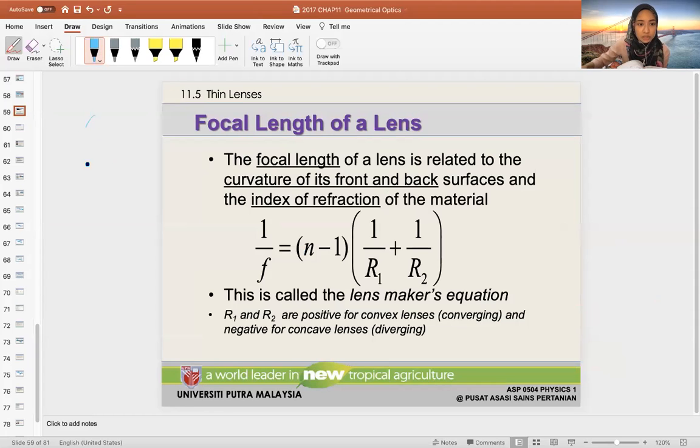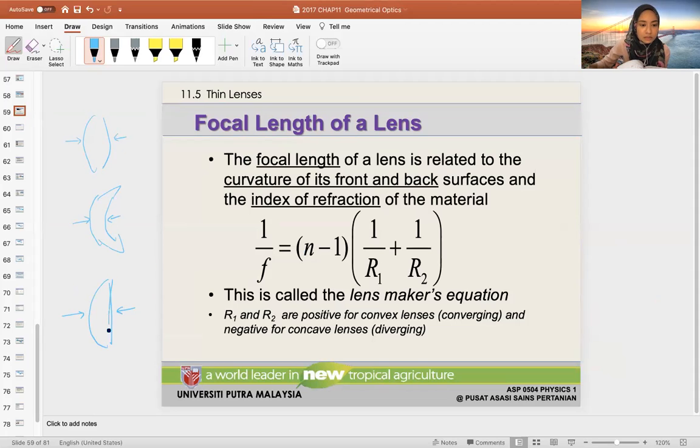So you have a bunch of different lenses. It looks like this. As usual, my drawing is bad. And these things are called the curvature.